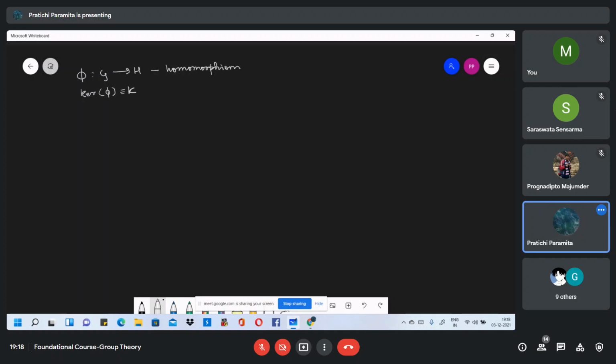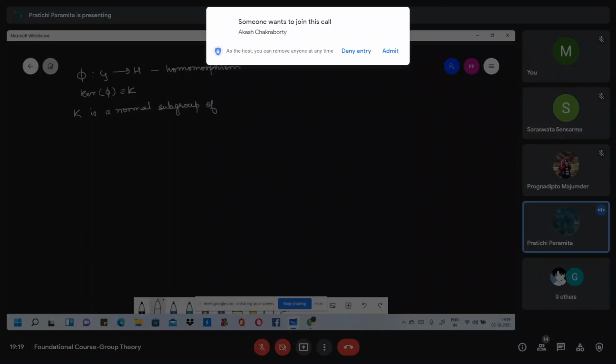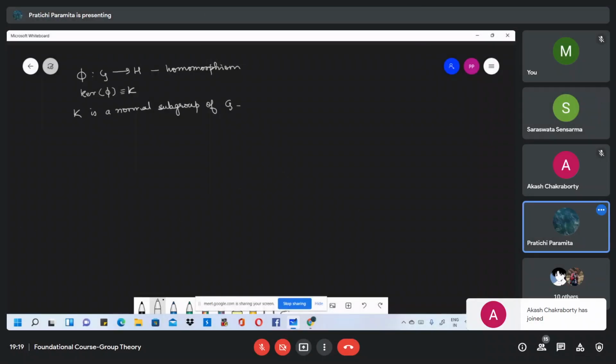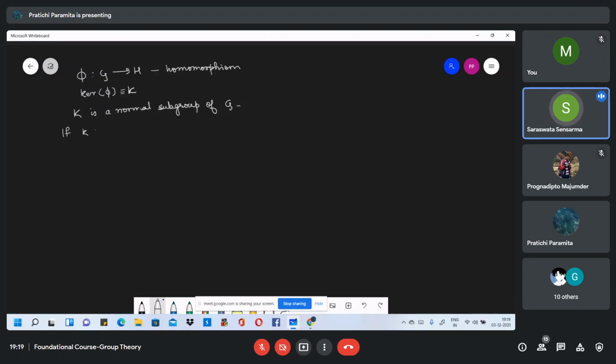Let kernel of phi, we denote kernel of phi as K. So the first claim was that K is a normal subgroup of G. That is, if small k belongs to capital K, and let g be any element in capital G, then g inverse k g will also map to the identity element. So this is also an element of K.